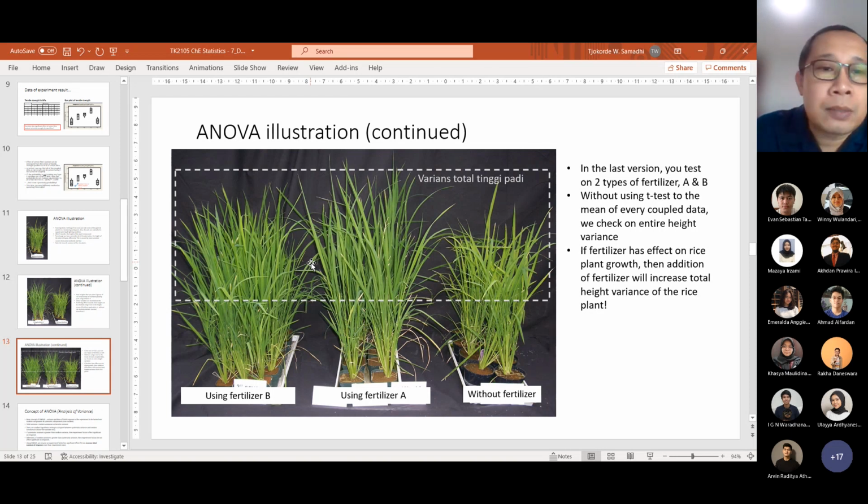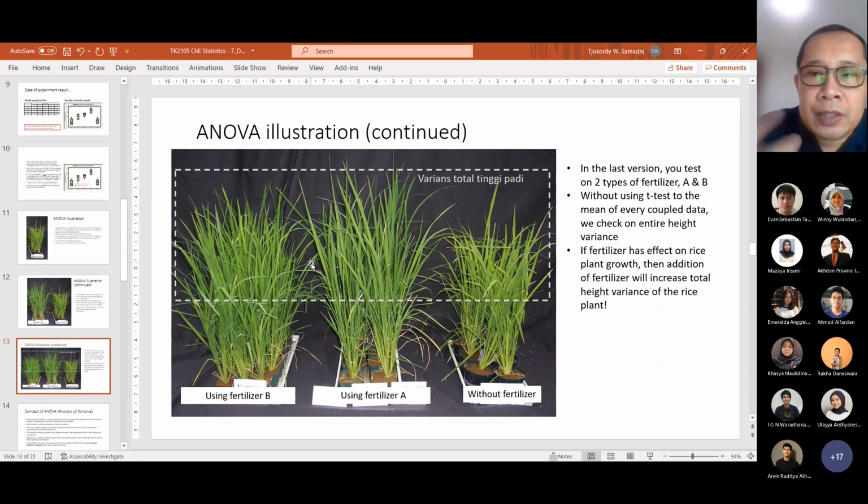If we're using a 95% confidence level, 95% probability that we're not making a mistake, then the probability of not making a mistake for all t-tests simultaneously is 0.95 to the power of the number of pairs.